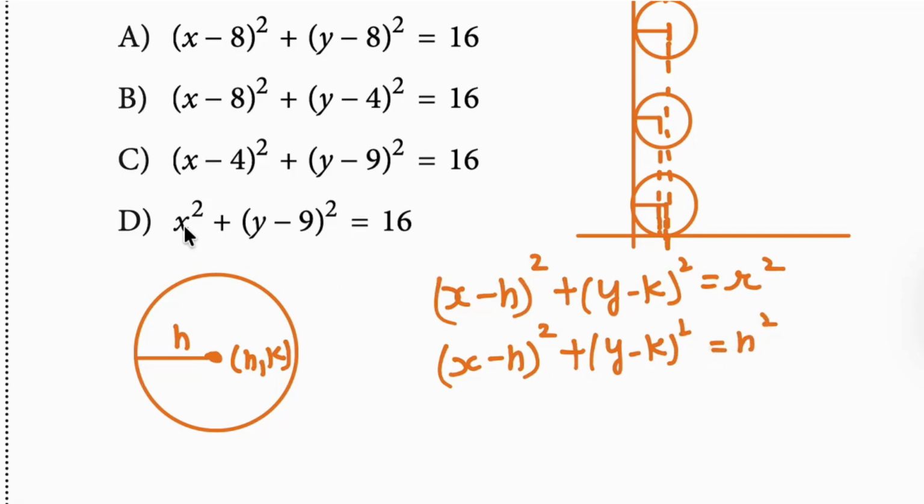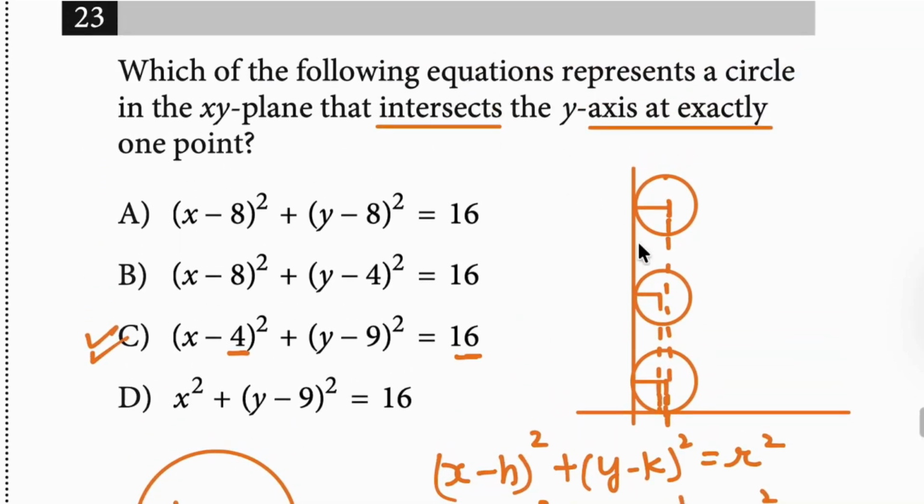Now, if I check the equation, h squared means whatever is this number, everywhere it is 16, so it's 4 squared. So in the C option only, this and this coordinate are the same. So that means C is the right option. So here you have to try to understand the keywords and imagine every possible situation and then conclude your answer. Okay.